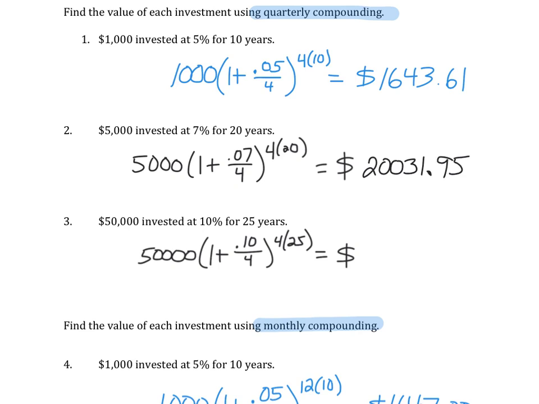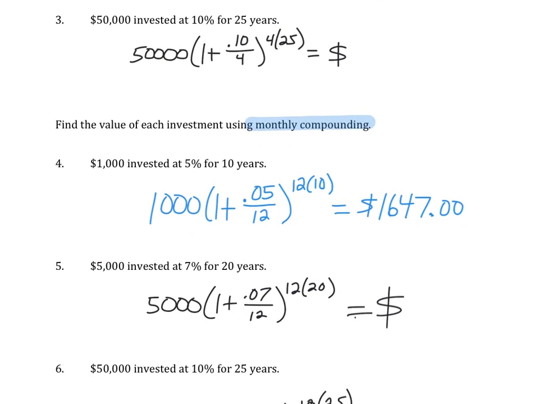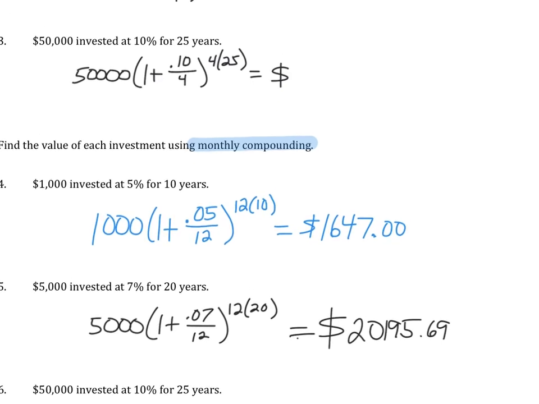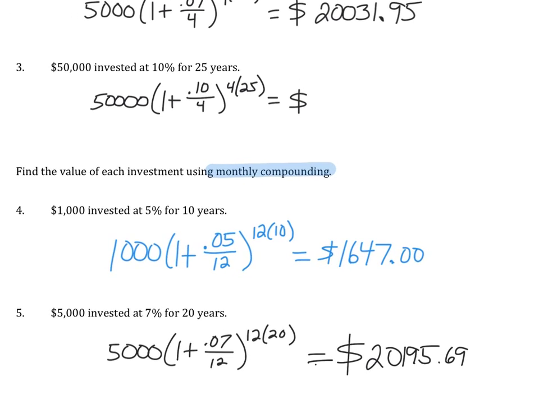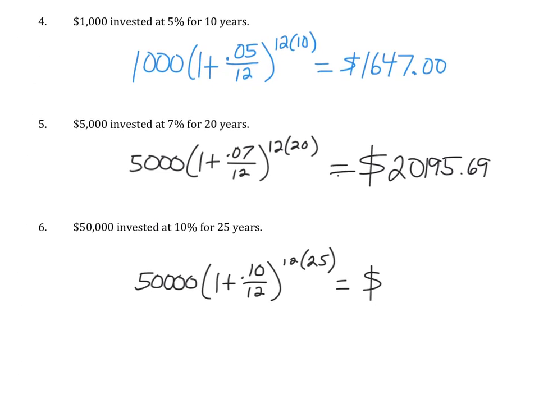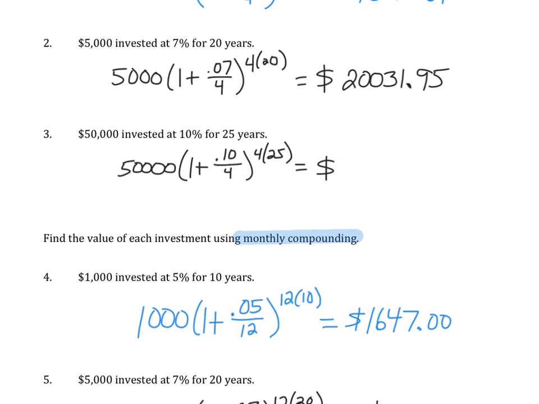How does that compare with quarterly compounding in the same situation? $5,000 invested at 7% for 20 years, but let's do monthly compounding rather. Well, hopefully you got this, but now it's $20,195.69. And now you can see, we're up to about $164 better. So the improvement improves.